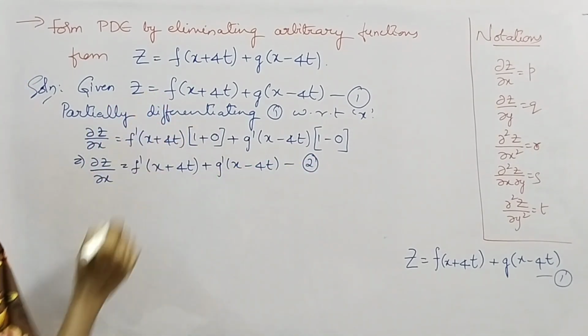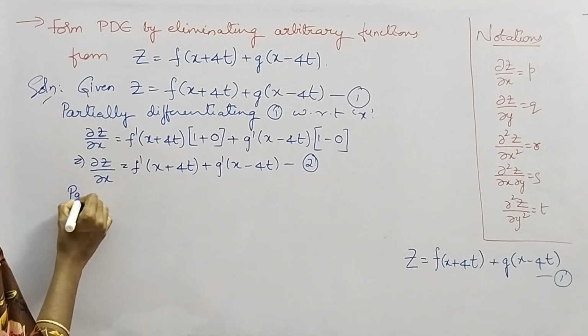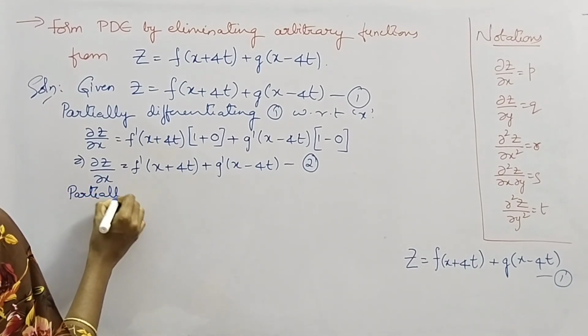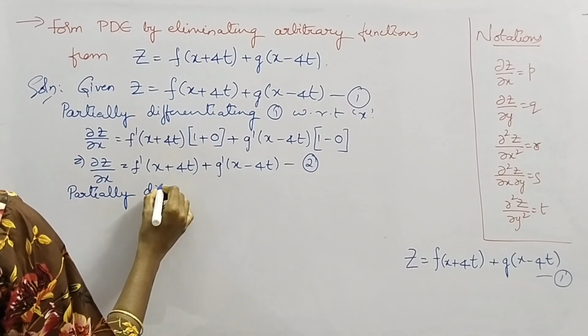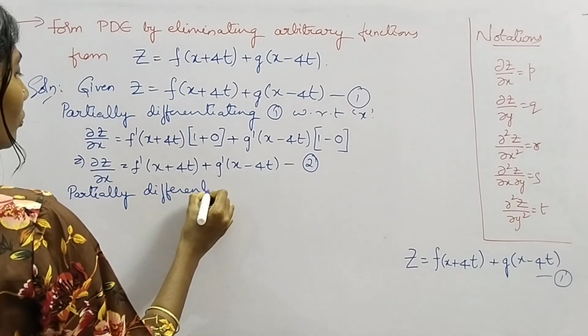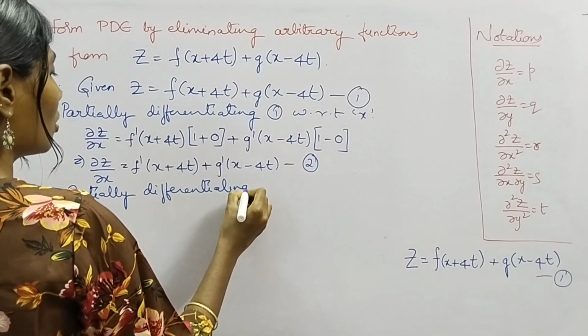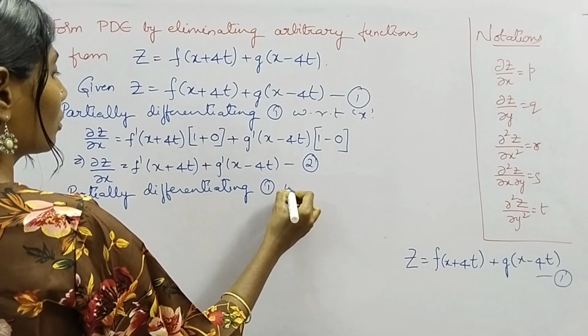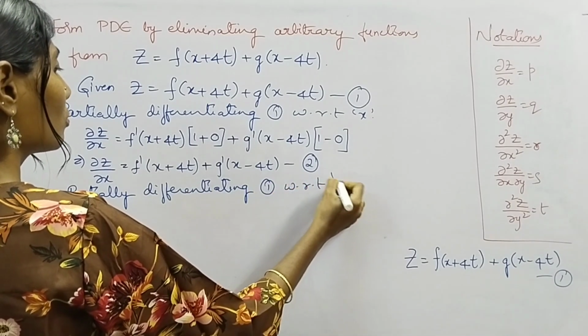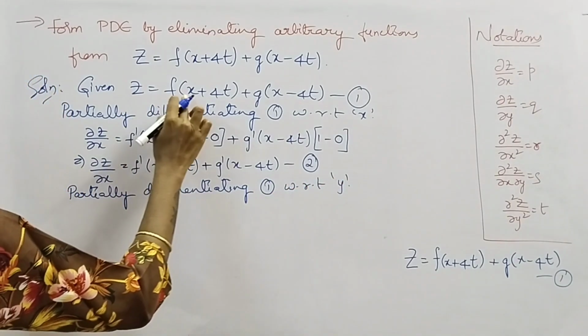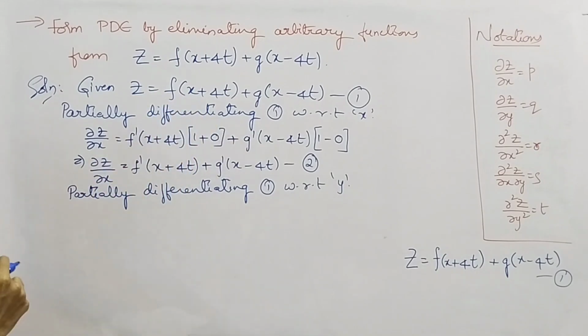Now let's partially differentiate 1 with respect to t. Partially differentiating 1, just apply dou by dou t on both sides of the equation.